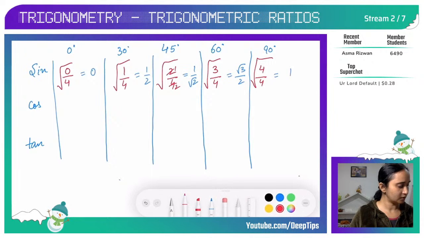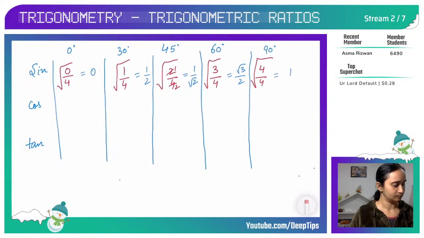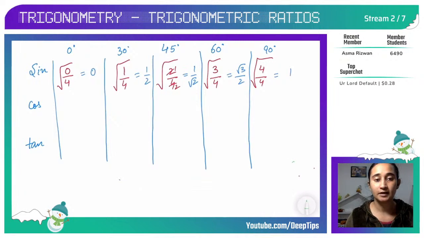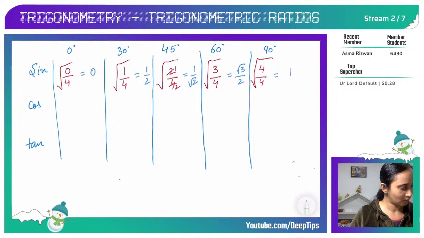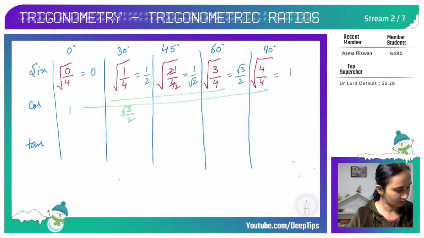Now you need to write the remaining, cos and tan also. So what we will do, we will just do crisscross. So 1 comes here, root 3 by 2 comes here, 1 by root 2 stays here.